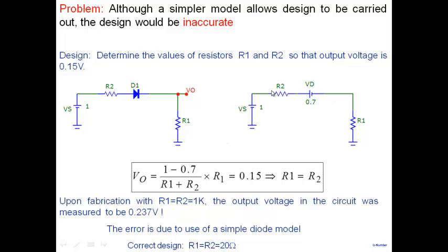So maybe you'll increase R2 or you'll decrease R1, right? And you decrease R1 by a certain amount and check again. You find from 0.237 it has come to 0.25. So you know that you have to decrease even more. So you decrease, maybe instead of 0.15, you end up getting 0.1. What are you doing? You're iterating, right?